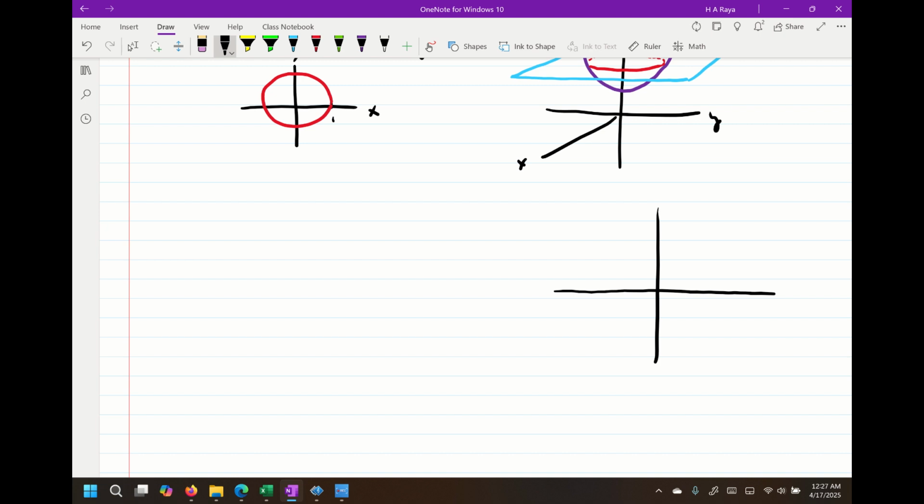So far, we've done the level curve for k is equal to 2. Let me say that this is 1, 2, 3, negative 1, negative 2, negative 3, 1, 2, 3, negative 1, negative 2, negative 3. And again, for more work, when your k is equal to 1, we have that level curve.